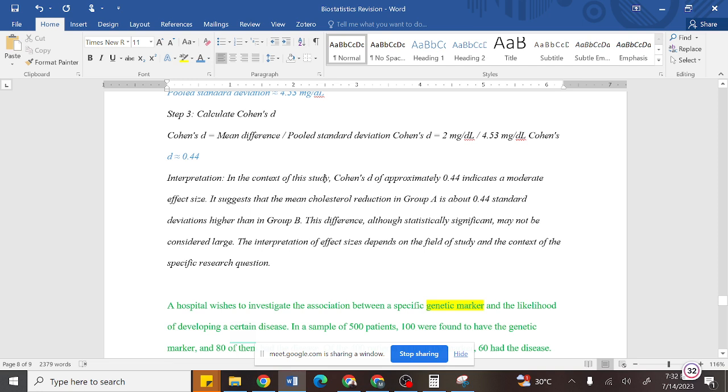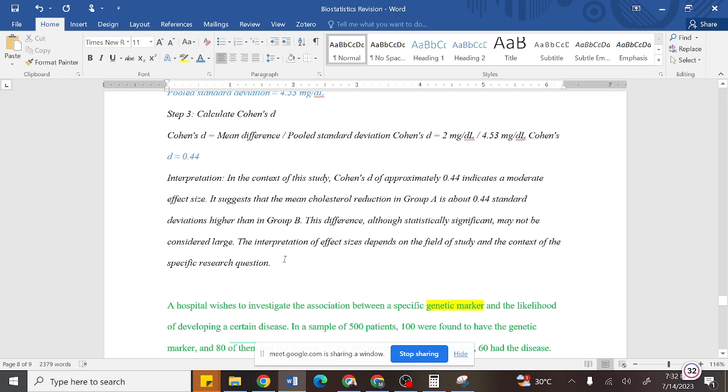In the context of this study, Cohen's d of approximately 0.44 indicates a moderate effect size. It suggests that the mean cholesterol reduction in group A is about 0.44 standard deviations higher than in B. This difference, although statistically significant, may not be considered large.